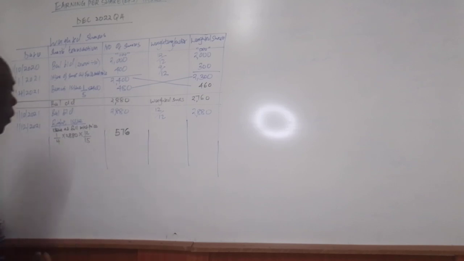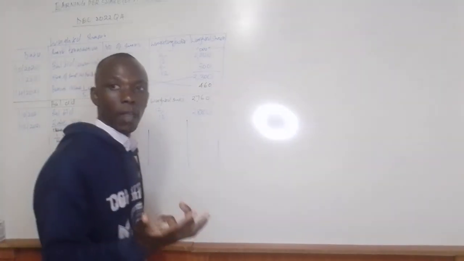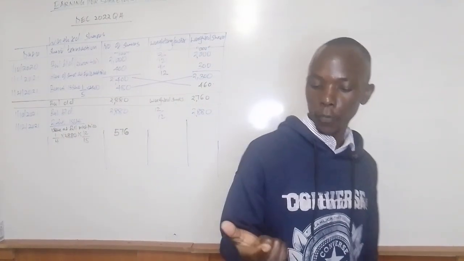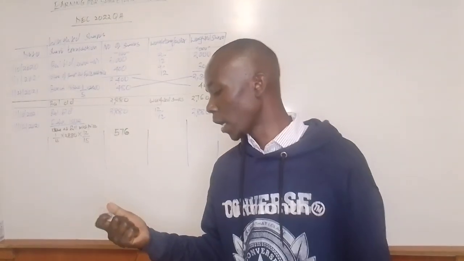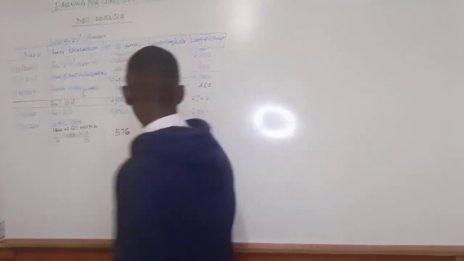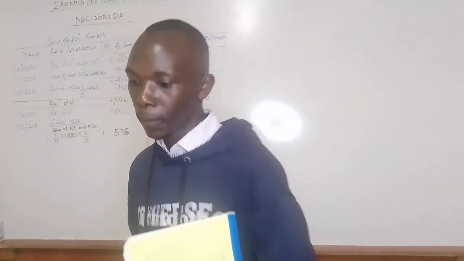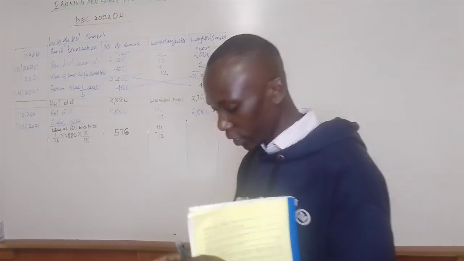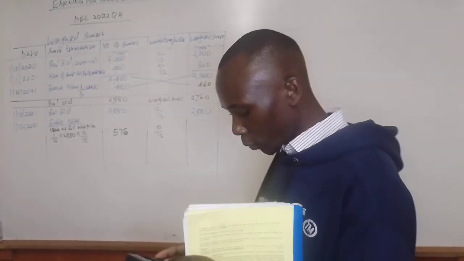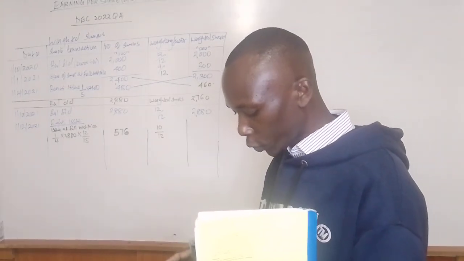Again, let us calculate the months that we have. So we have December, January, February, March, April, May, June, July, August, September. So we are going to weight for 10 out of 12. So in this case, how much are we going to have? So we are going to have 576, then we multiply by 10 out of 12.